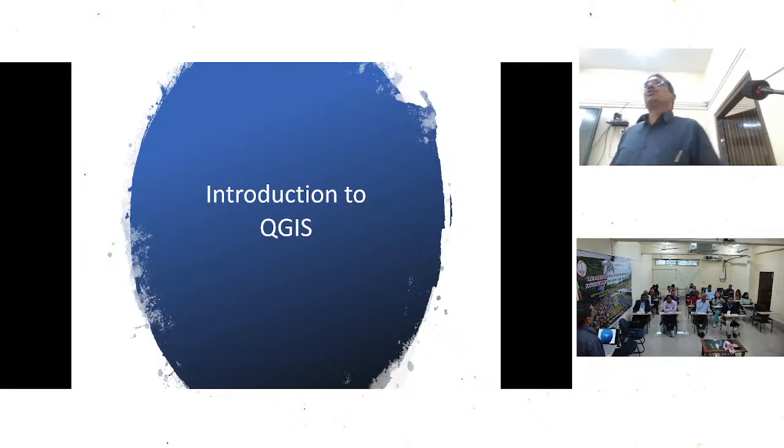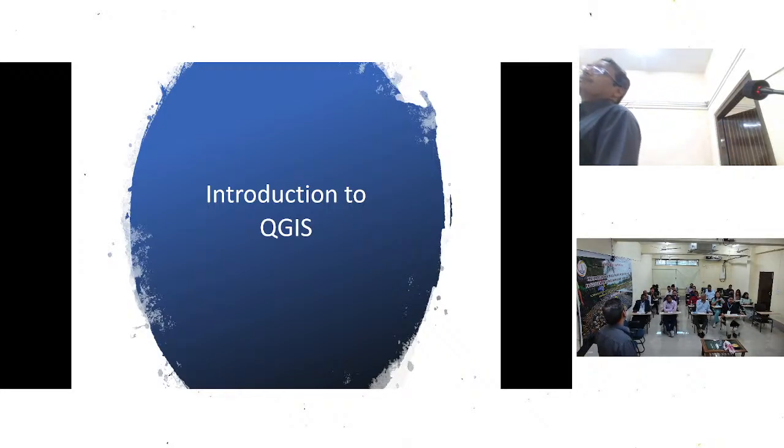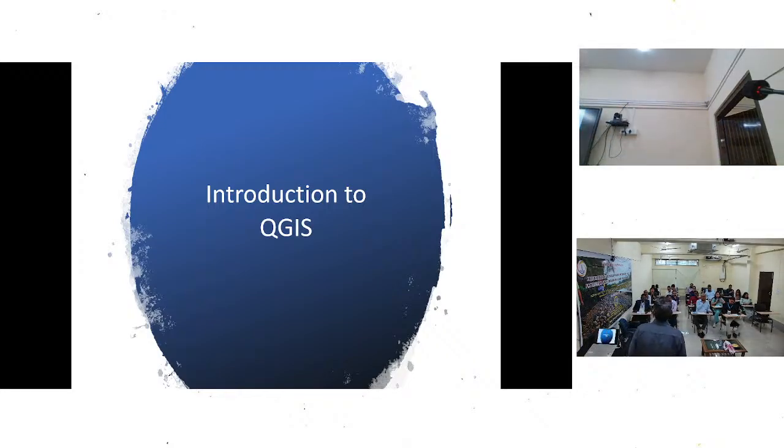We will be making use of QGIS, which is a free and open source software. ArcGIS is a proprietary software. QGIS you can download on your own laptop or on your system. I will show you how to make use of QGIS.